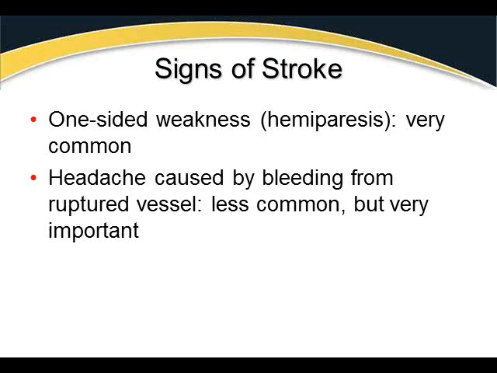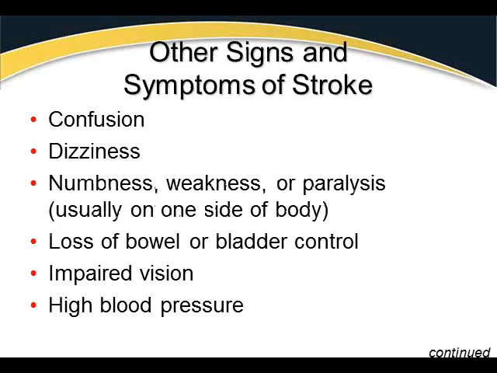But the one-sided weakness is very common when you have a person who has a stroke that's blocking arteries on one side of the brain. And it's actually the hemiparesis, the side that's weak, is the opposite side of the brain that is affected. So if you have left-sided weakness, it's actually the right side of your brain that's having the stroke, and vice versa.